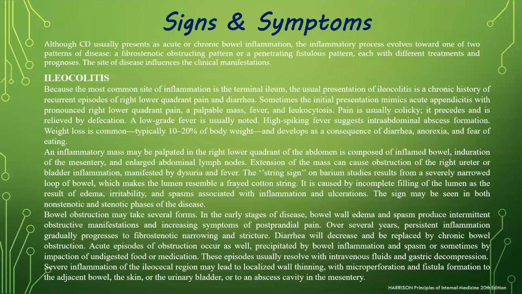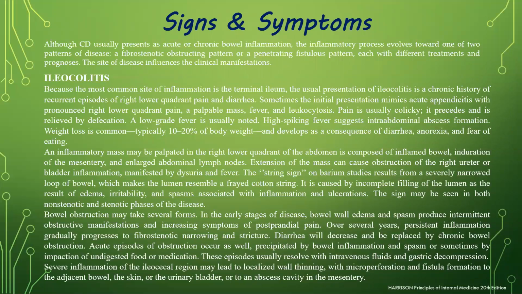The inflammatory mass that may be palpated in the right lower quadrant is composed of inflamed bowel, induration of the mesentery, and enlarged abdominal lymph nodes. Extension of the mass can cause obstruction of the right ureter and bladder inflammation, manifested by dysuria and fever.